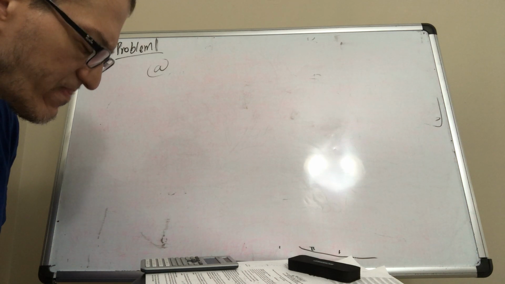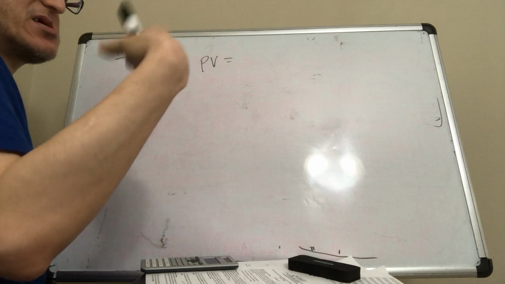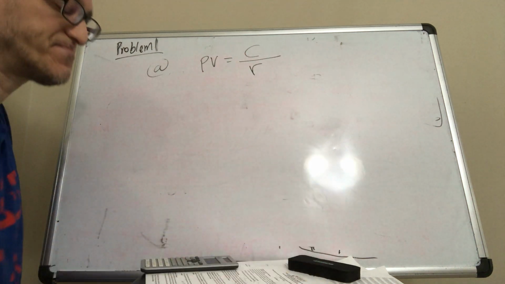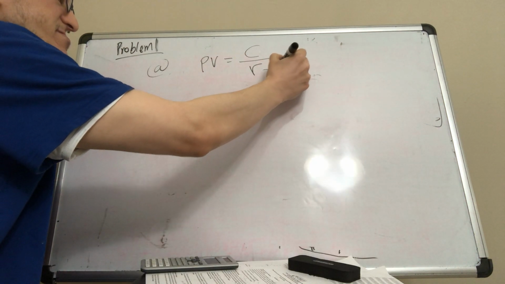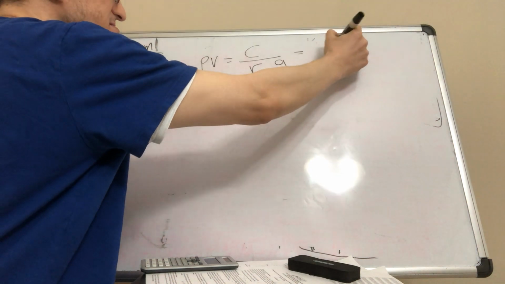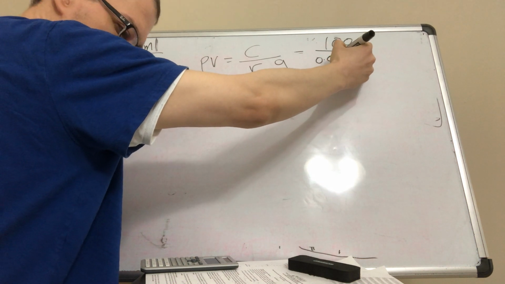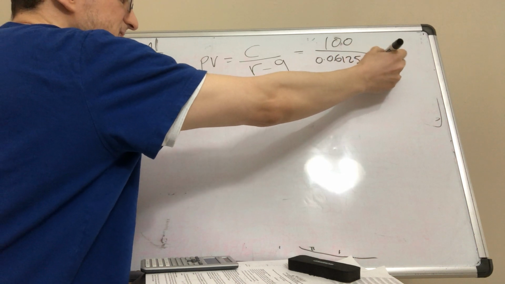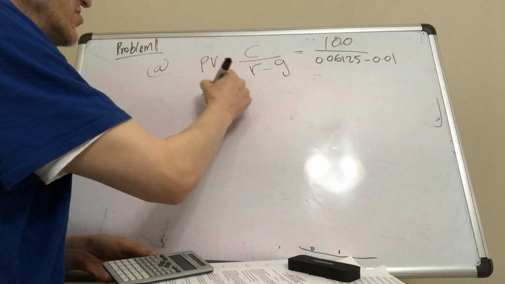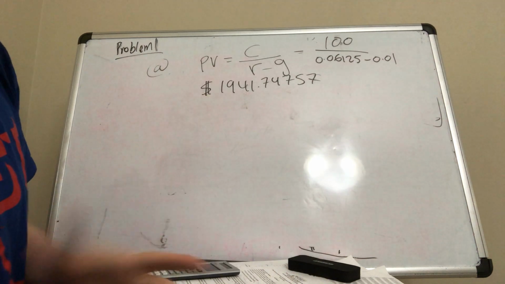Well, we know from the previous assignment, to figure out the present value when the cash is forever, it would be C over R. But since there is a growing rate, it would be C over R minus G. Payment is 100, R is 0.06125, and the growing rate is 1%. It works out to 1941 at about 75 cents.